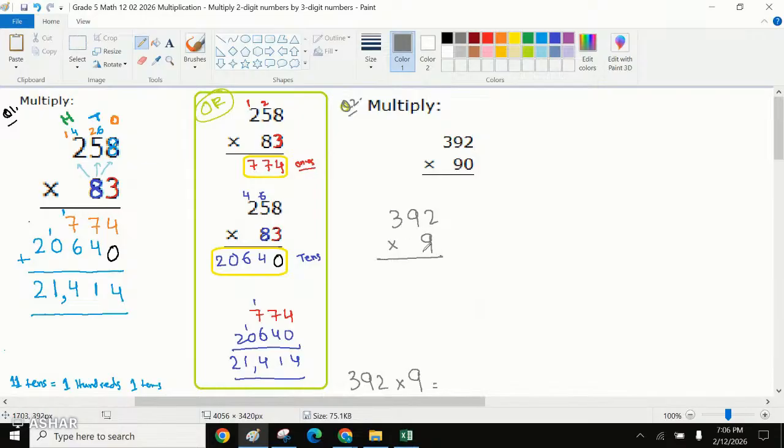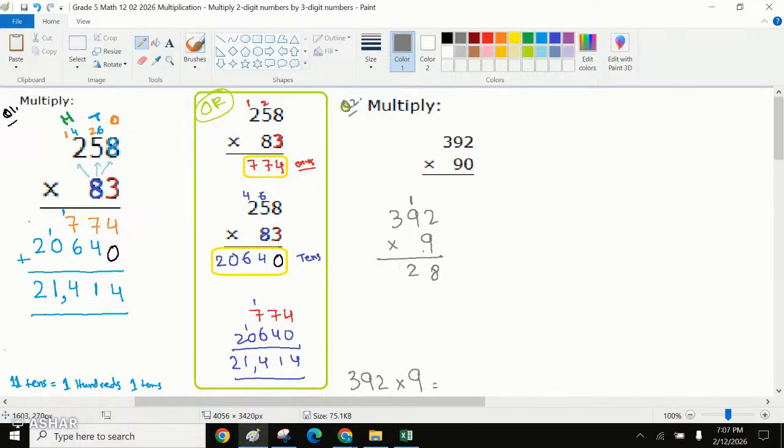9 times 2 is 18. We carry a 1. Agreed? 9 times 9 is 81. Plus 1 is 82.